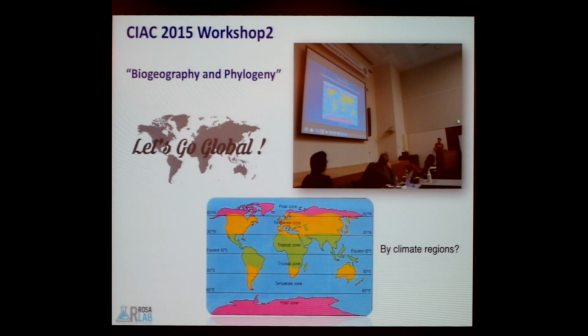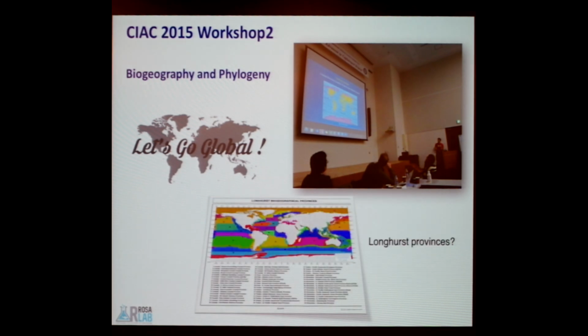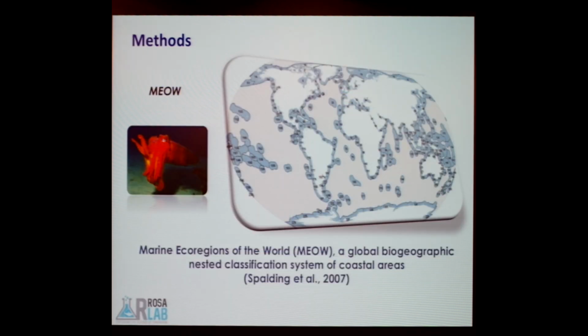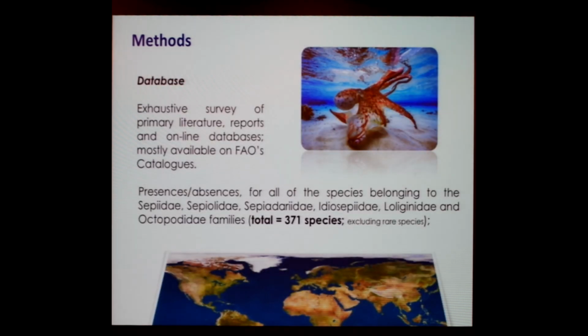So the question during this workshop was, how are we going to plot this? Instead of climate regions or the well-known latitude and longitude, we decided to use the system that Spalding described in 2007, the Marine Ecoregions of the World.